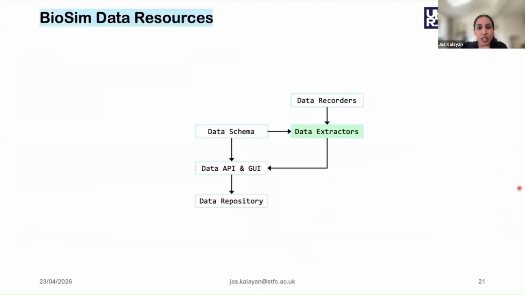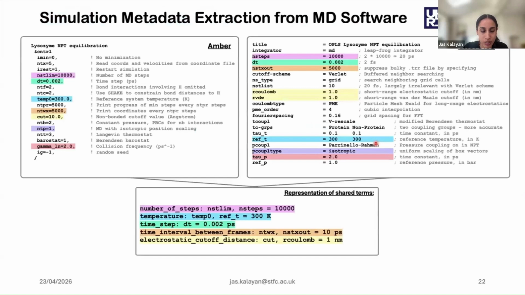So this leads nicely onto extracting the data from simulation output. I mentioned just now about mapping to MD software. What we can do with these extractors is use the schema to tell us what to extract from our simulation outputs.